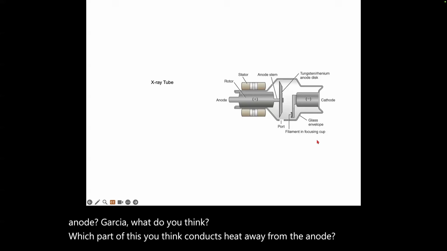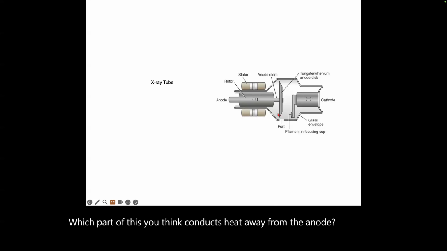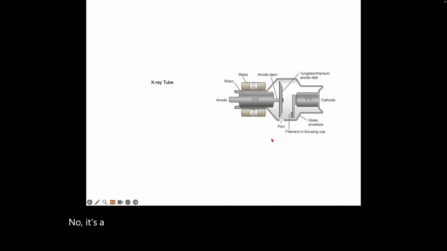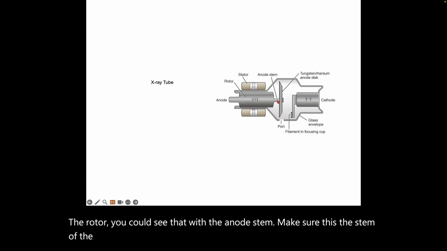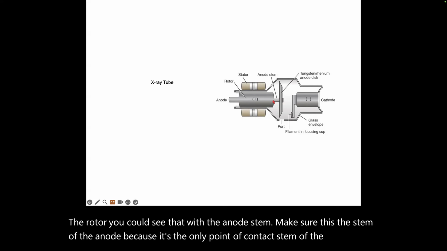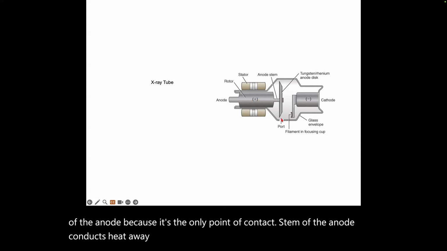So probably the negative charge. No, it's a solid structure. It's labeled on here. So probably the rotor. The rotor, yeah, you could say that. With the anode stem. Make sure you know this. The stem of the anode, because it's the only point of contact, conducts heat away from the anode itself.